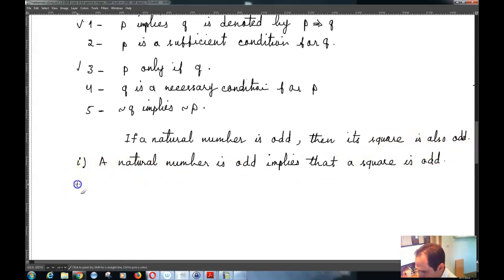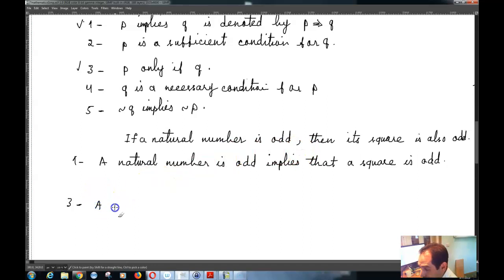Let's call this number 1 and number 2 for the sake of simplicity. I am going to write them this way.